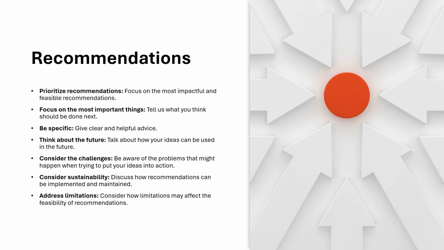So you focus upon the most important things and tell us what you think should be done next. And be specific, be clear and helpful in your advice. And think about the future. Discuss how your ideas can be used in the future.